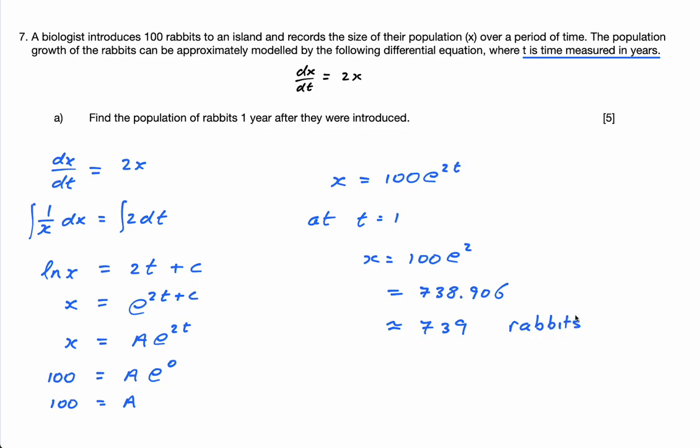Because he says find the population of rabbits, you don't want to leave it as 738.906 rabbits, obviously, so round it to the nearest rabbit. Okay, that's part A.